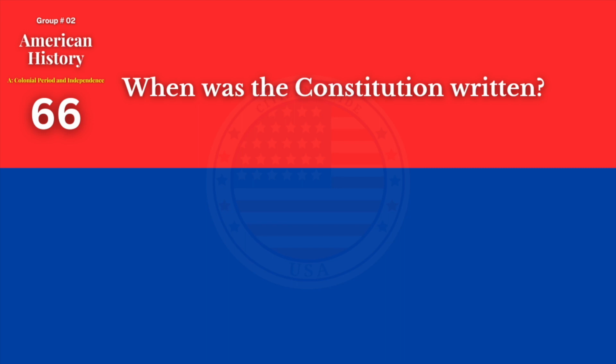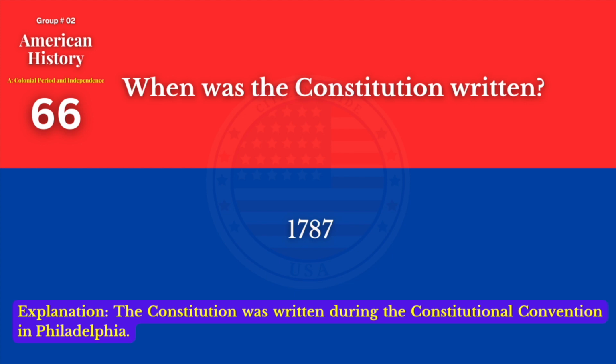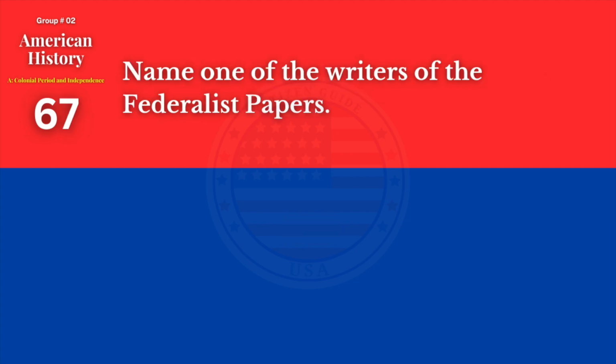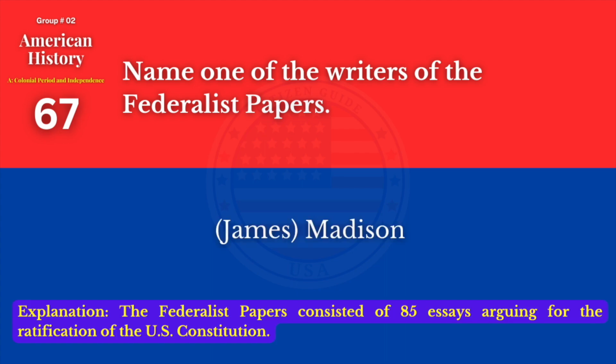When was the Constitution written? 1787. Name 1 of the writers of the Federalist Papers. James Madison.